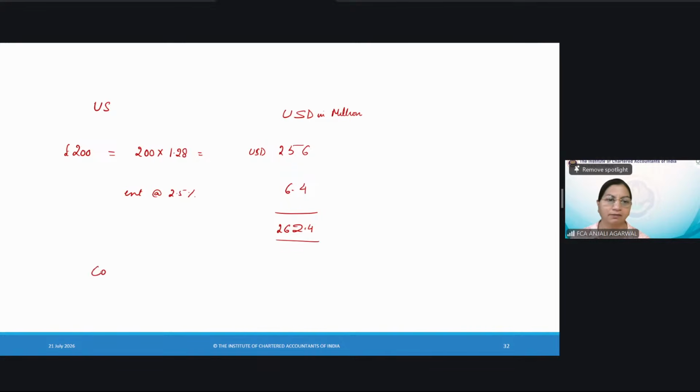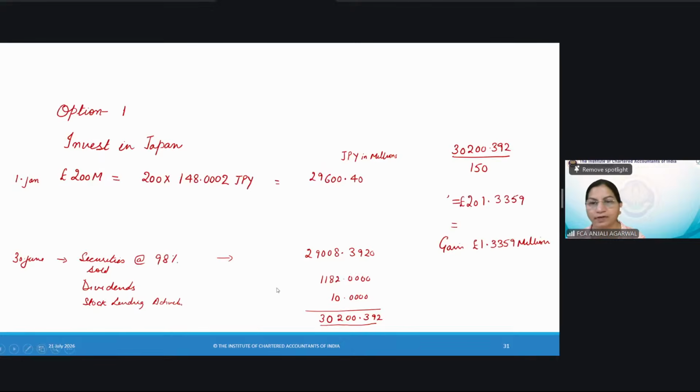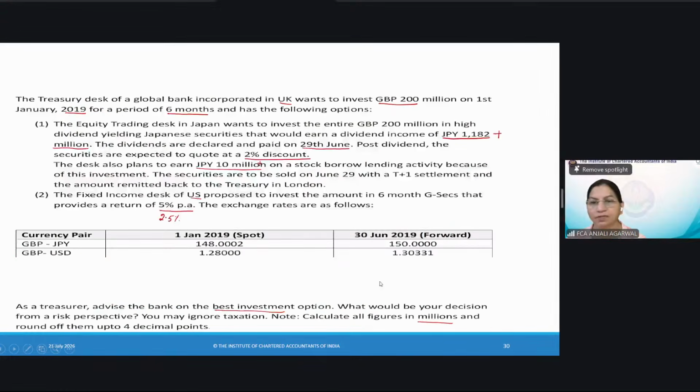Converted back, 262.4 divided by using the forward rates 1.30331.